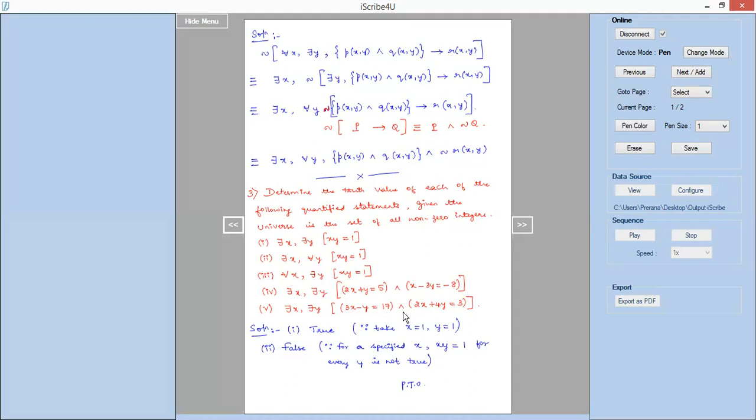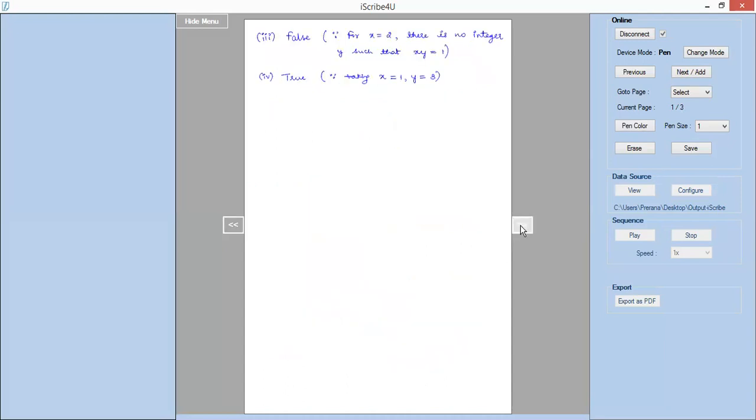So here we observe that the fifth one is a false statement because both these equations do not have a common integer solution. For the same set of values of x and y, both these are not satisfied. So that is the reason the fifth one is a false statement.